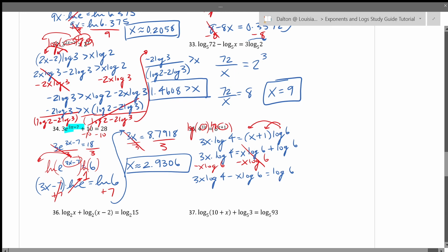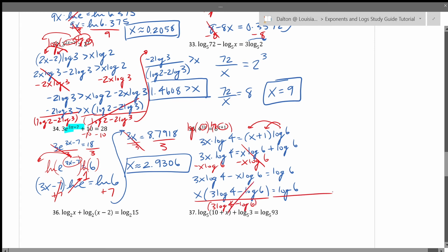And now that I have both of my terms with the x together, I can factor out that x to get x times 3 times the log of 4 minus the log of 6 equals the log of 6. And then if I want to isolate x, I'm going to divide both sides by 3 times the log of 4 minus the log of 6.